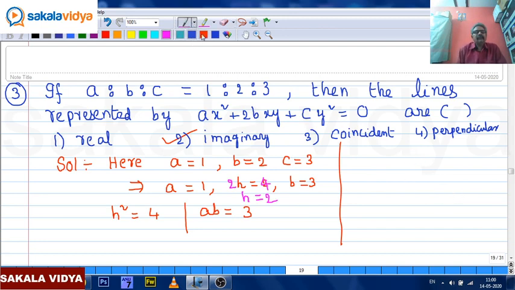Here h square will be greater than ab. That's correct. Yes, absolutely correct, the first option. Yes, it needs to be corrected. Thank you.